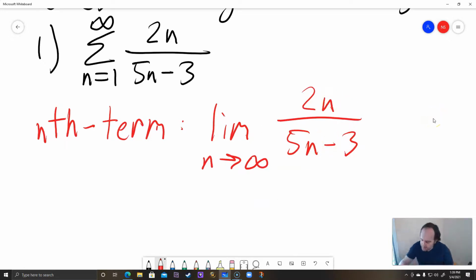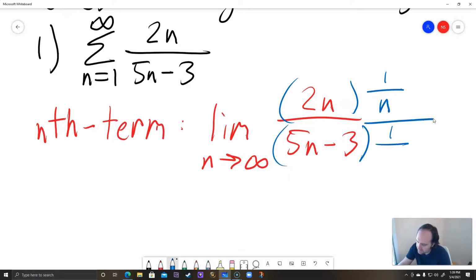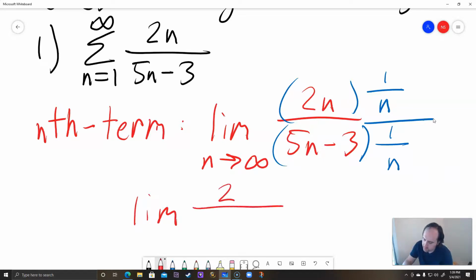All we have to do is multiply the top and the bottom by 1 over the largest power on the bottom. So we're going to multiply the top and the bottom by 1 over n. On the top, we're going to have 2n over n, which is 2. And on the bottom, we're going to have 5 minus 3 over n.